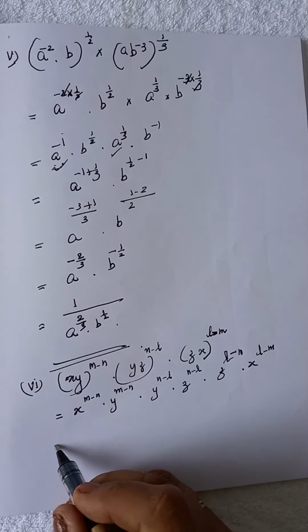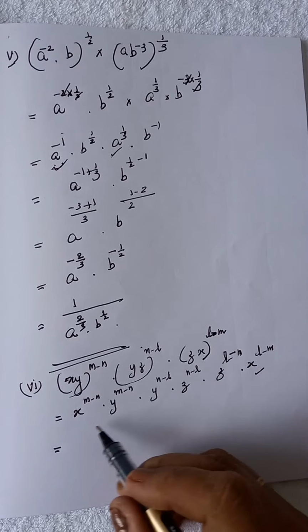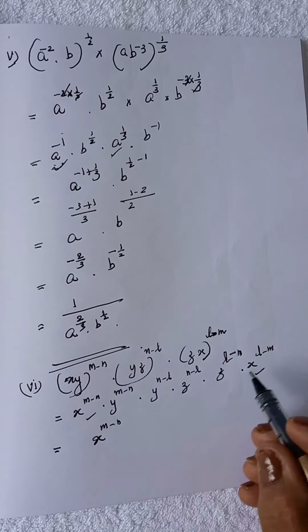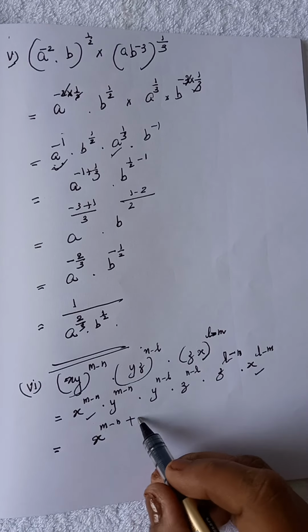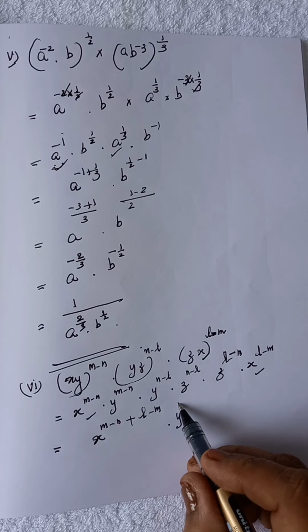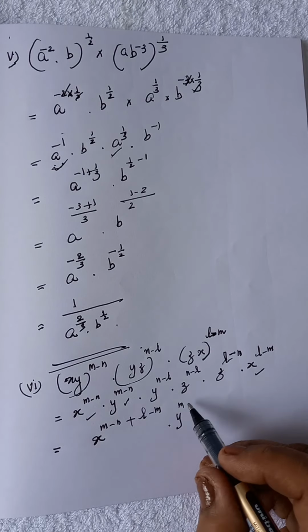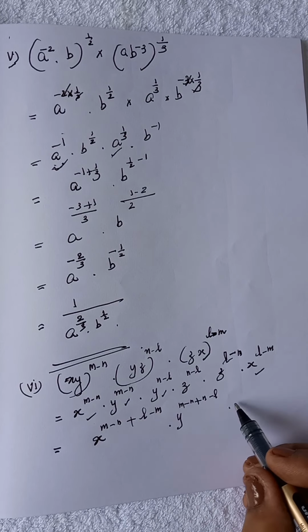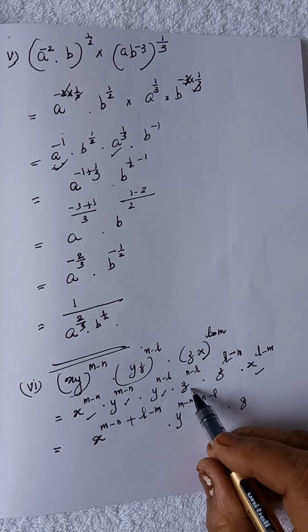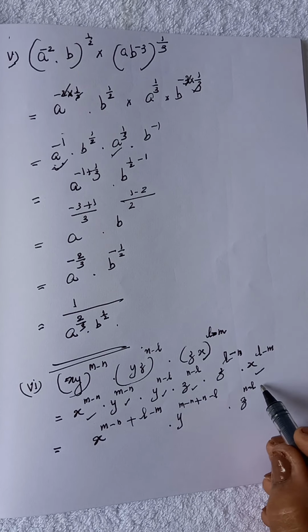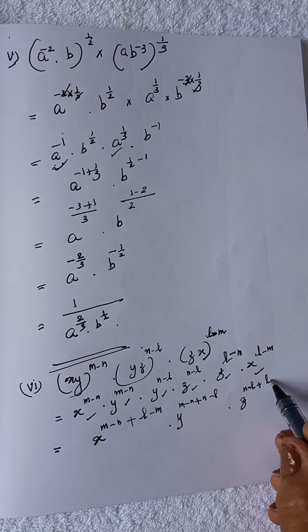Now that is equal to x, here, this and this. So x raised to m minus n plus this l minus m into y raised to m minus n plus n minus l. Then z that raised to n minus l plus l minus m.